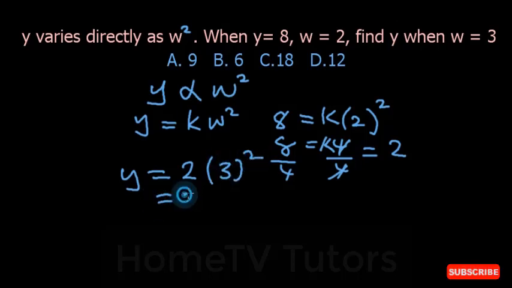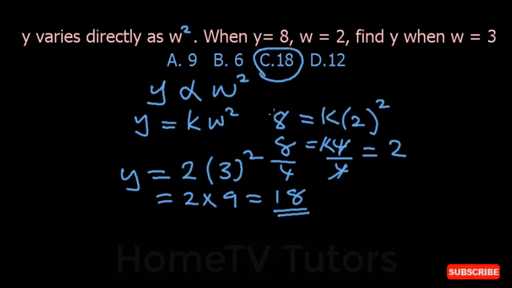So we have 2 times 3 times 3, that's 9. 2 times 9, that's 18. So the answer option C is the right answer.